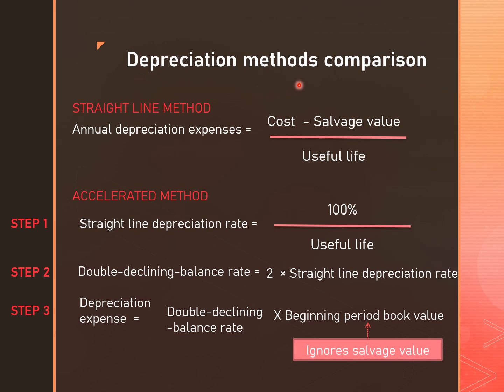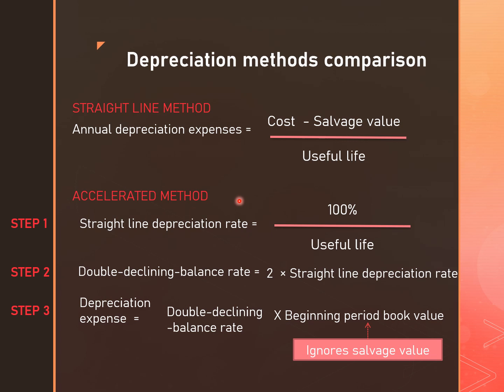Right, depreciation method comparison. So, untuk straight line, dia sebenarnya annual depreciation expenses je. So, macam mana nak kira is cost tolak dengan salvage value bahagi dengan useful life. So, dapatlah annual depreciation expenses. So, itu adalah straight line. Okay, ada satu lagi cara which is accelerated method ataupun double declining balance rate method.